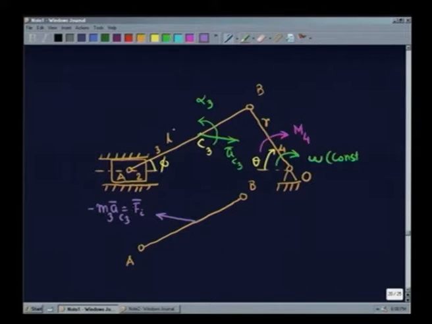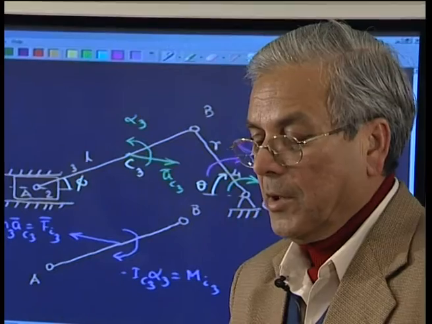We also subject this to an inertia torque, which is nothing but minus IC3 alpha 3, the inertia torque for link 3. Now, we know that these ends will be subjected to link forces.